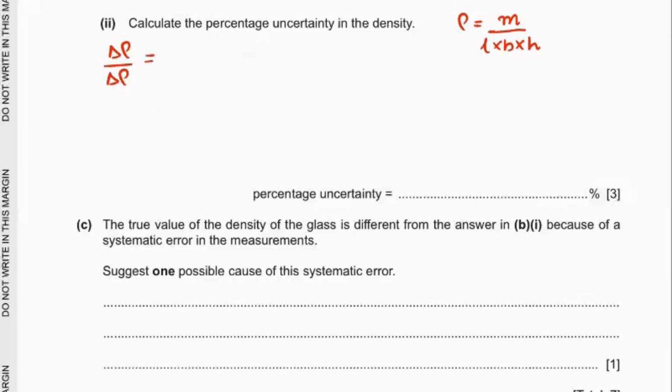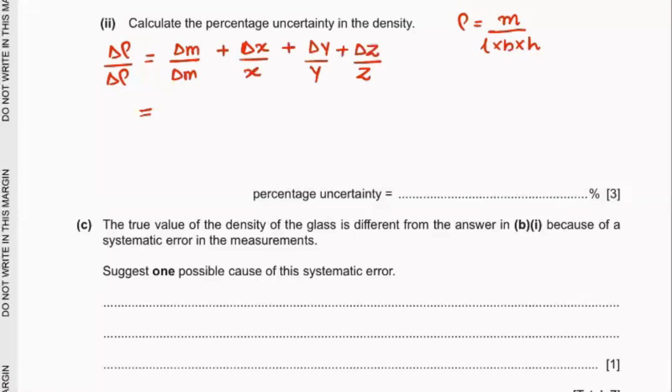since we are dealing with multiplication and division over here, the fractional uncertainties will add up with each other. Fractional uncertainty of mass plus fractional uncertainty of length x plus fractional uncertainty of y plus fractional uncertainty of z. I hope this is clear enough.